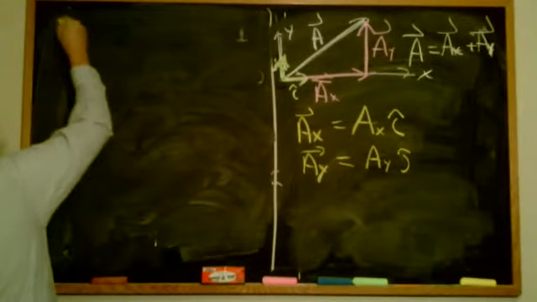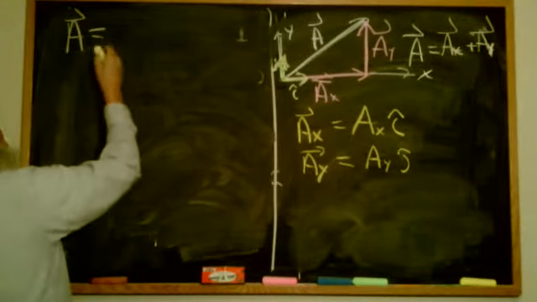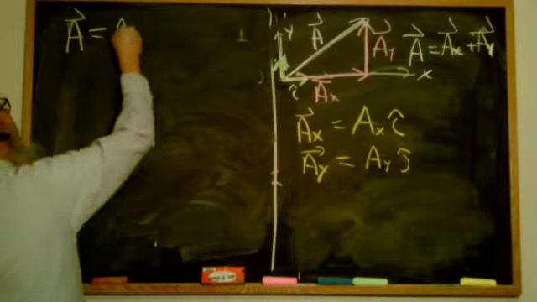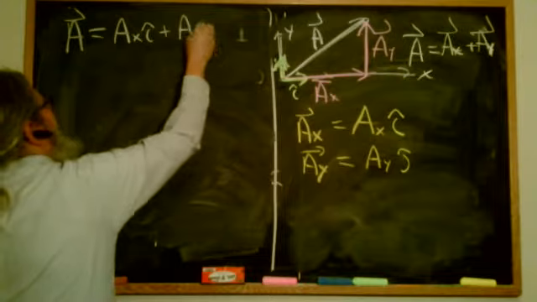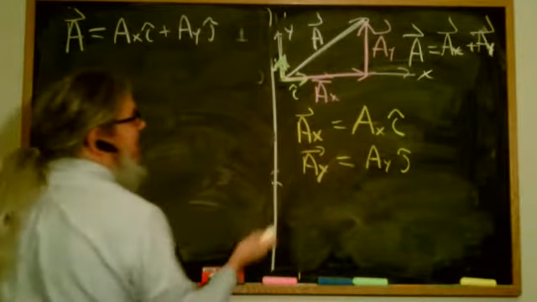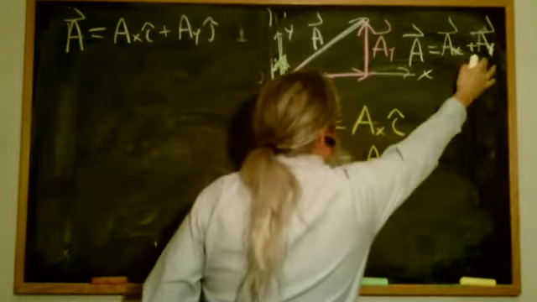So for example, suppose I have two vectors, which I've broken into components. A can be written as A sub x times i hat plus A sub y times j hat, just the way I've done here. This A is equal to this plus this.